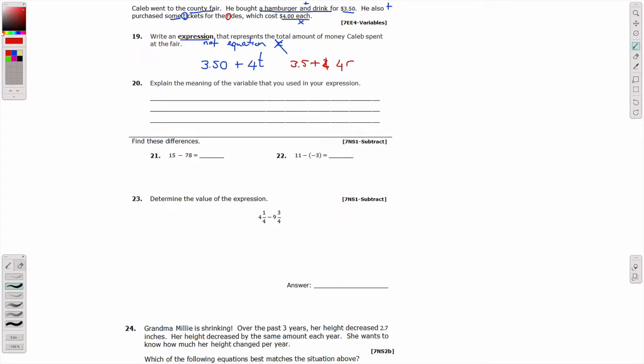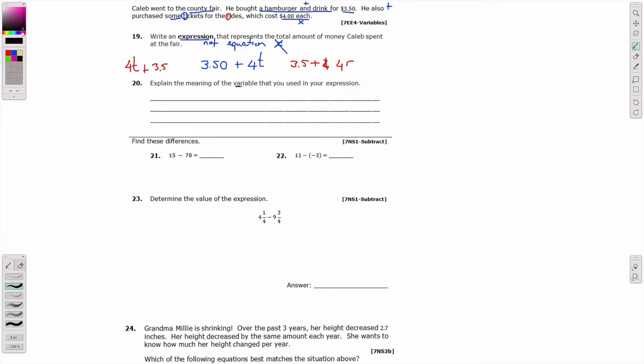That's fine too. 3.5 plus 4R, or 3.5 plus 4T. Or I could write it the other way around. I could write 4T plus 3.5. Again, I can't actually solve the problem. I can't tell you how many tickets he bought because it doesn't tell us the total. But I can explain what it means.